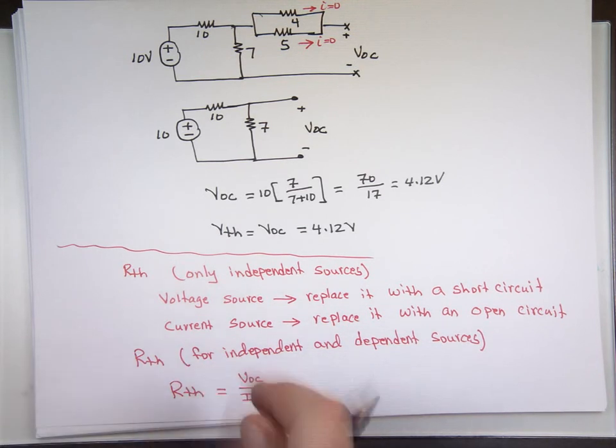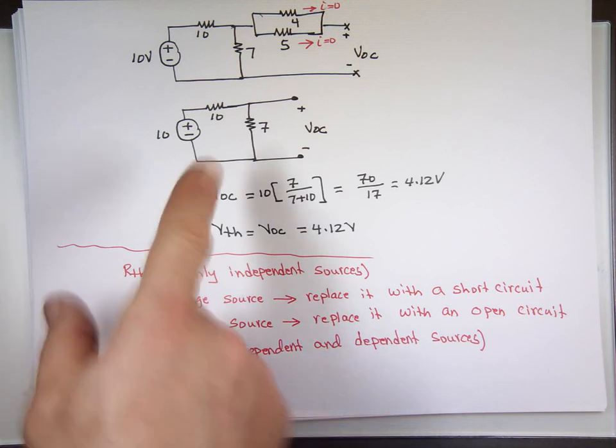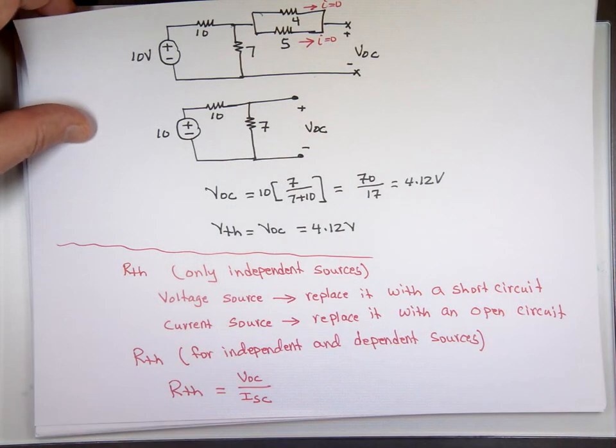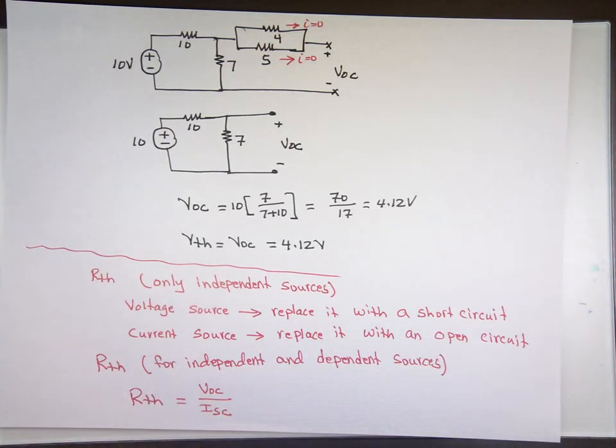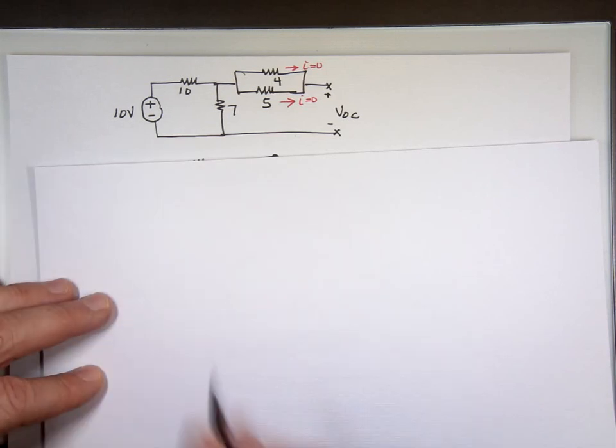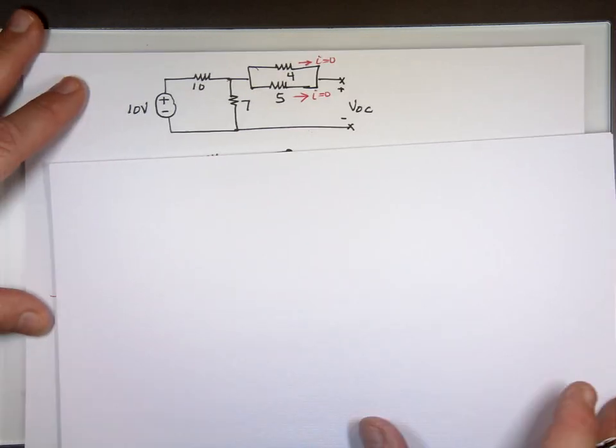And maybe I'll do an example on each one of these. So let me finish that example first. I'll come back and add a dependent source to a problem and go from there. So let me find R Thevenin for this circuit. Let's kill the source, or eliminate the source. The word kill is not nice.